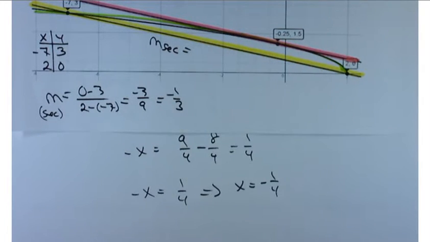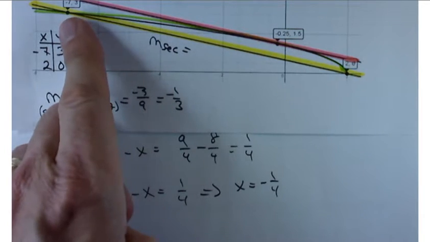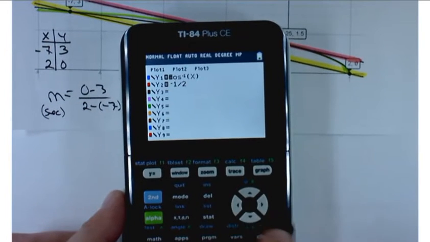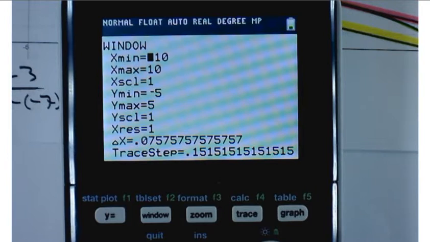So at that point, the slope of the tangent line equals the slope of the secant line. Let me remind you of something you can do on your calculators to check things if you want. Let's graph this function from negative 7 to 2. So the first thing I'll do is put that function into my calculator: square root of 2 minus x.